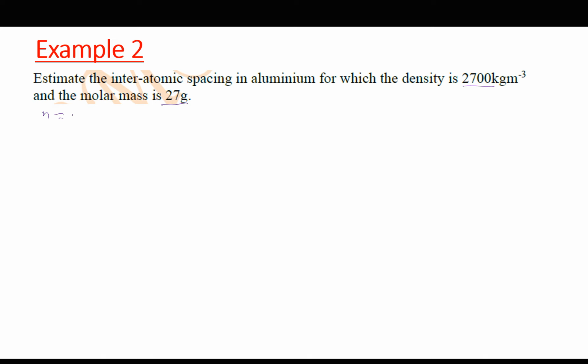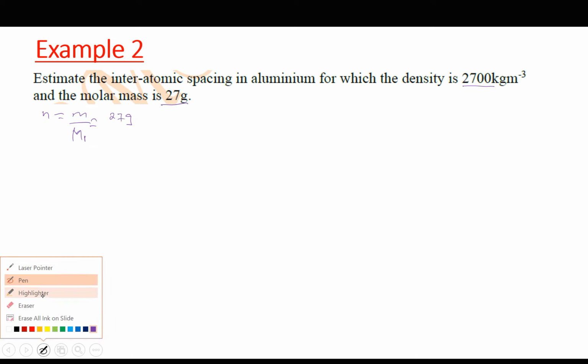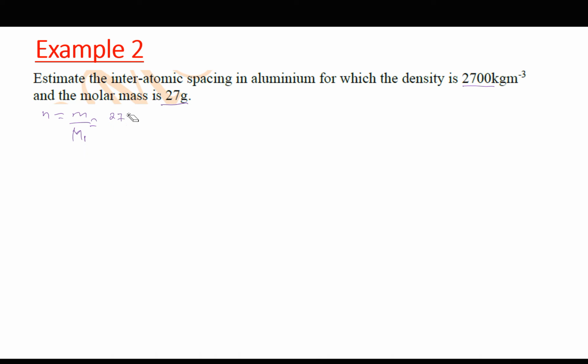Number of moles is going to be mass divided by the molar mass.